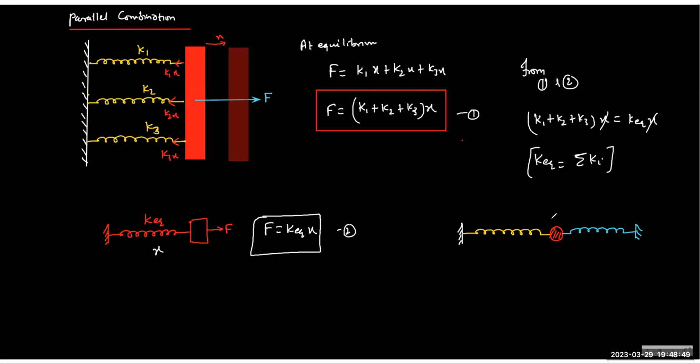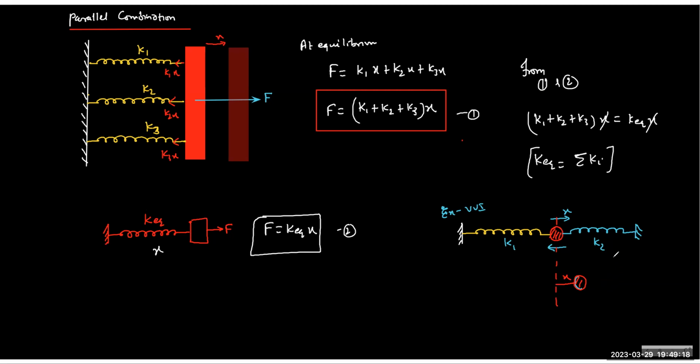You're supposed to deform either this way or this way. So initially both the springs are at natural length. Now what you do is, let's say you deform by x, right or left. If the ball is displaced towards the right by x, you can clearly see something.